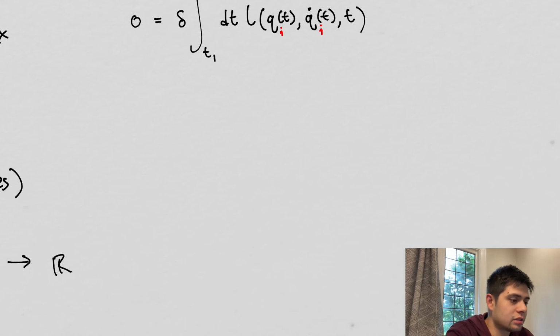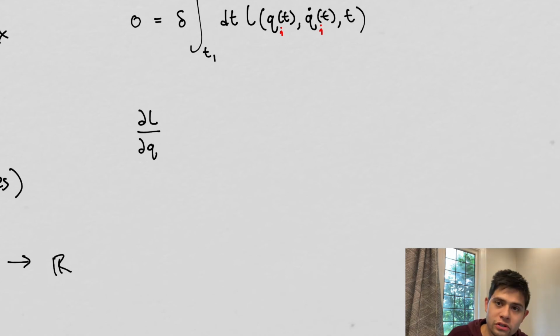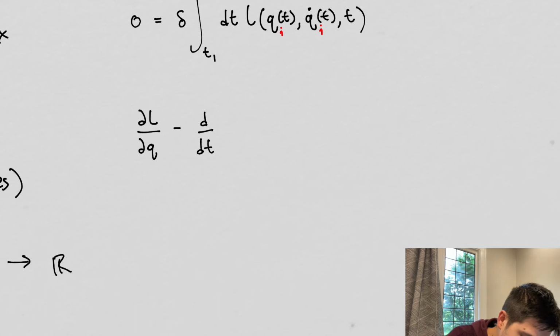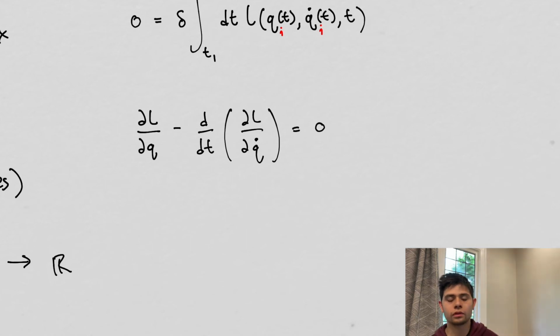So what the Euler-Lagrange equations look like is basically this. This is one equation where we have the derivative of our Lagrangian with respect to our position, or positions, minus the time derivative of the derivative of the Lagrangian with respect to our momenta, equals 0. This is the Euler-Lagrange equations.